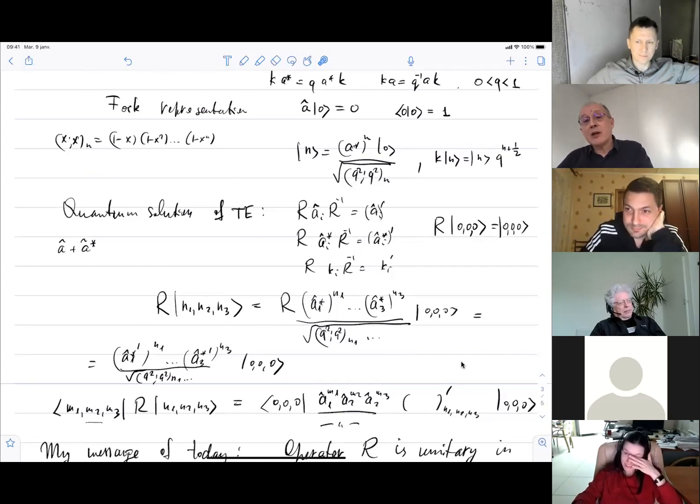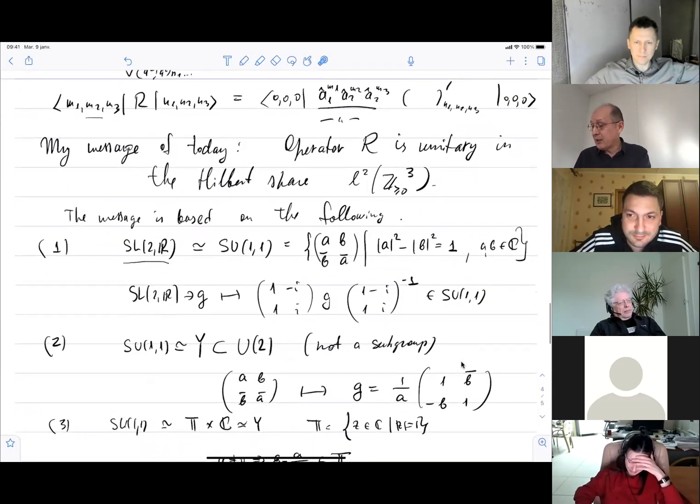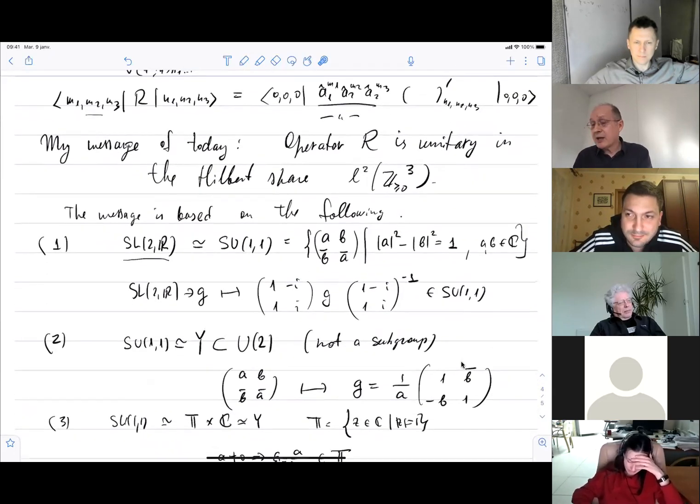But here, what do they do with the quantum oscillators and the Fock space? They are quantizing some other space, which is the one I tried to explain here, the SL2R group manifold. But it is three-dimensional, right?